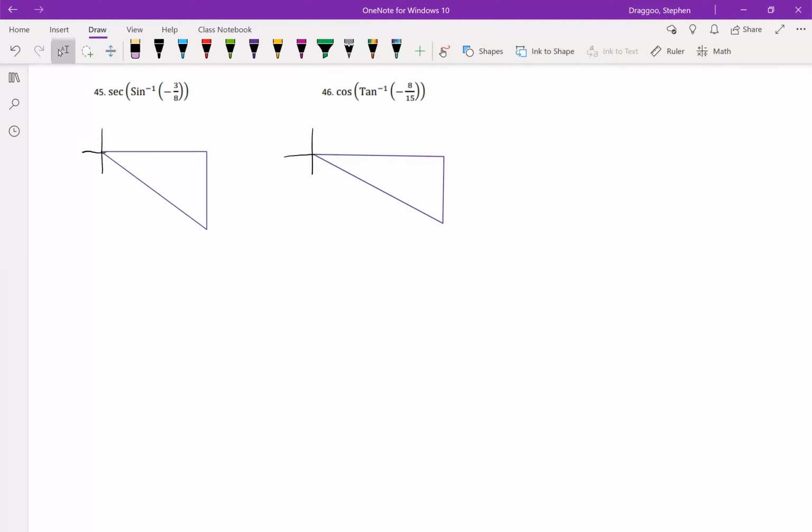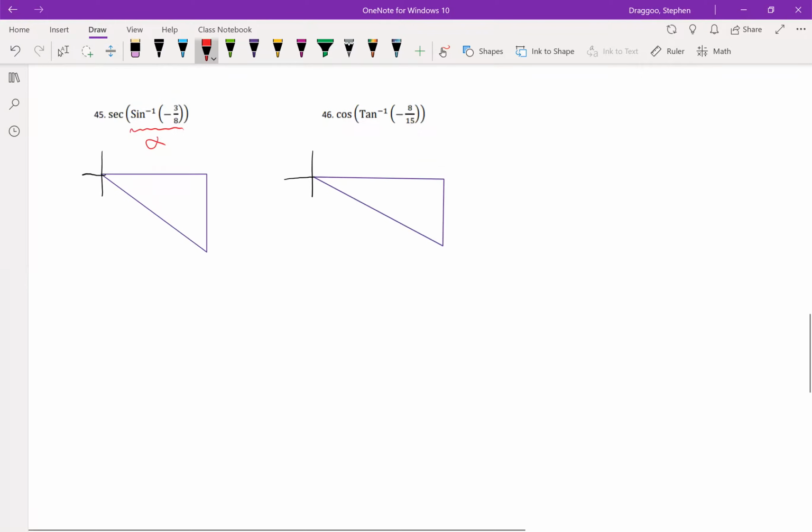Right, on to 45. This time my angle alpha is going to be the sine inverse of negative 3 over 8. And since I'm taking the sine inverse of a negative number, I must be in quadrant 4. So my opposite side should be negative 3, while my hypotenuse is 8.